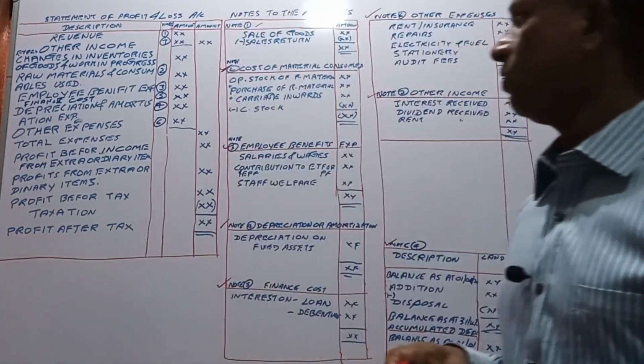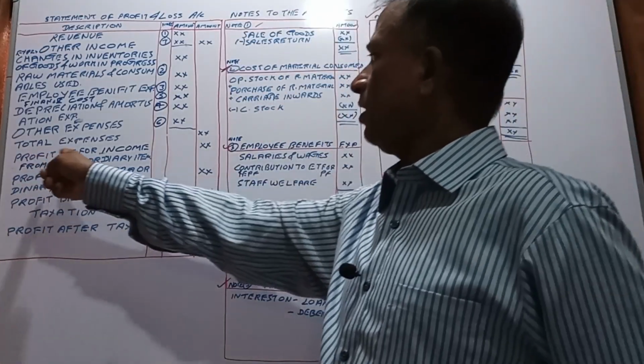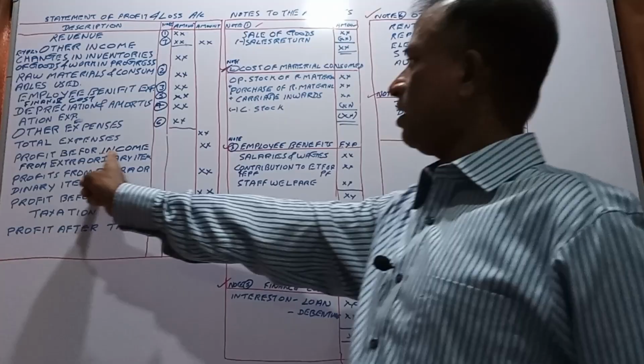Profit before income from extraordinary items.